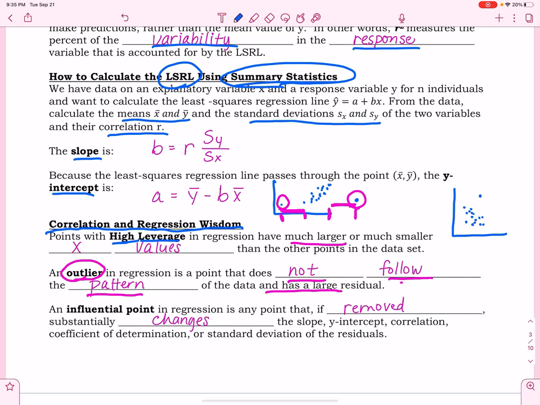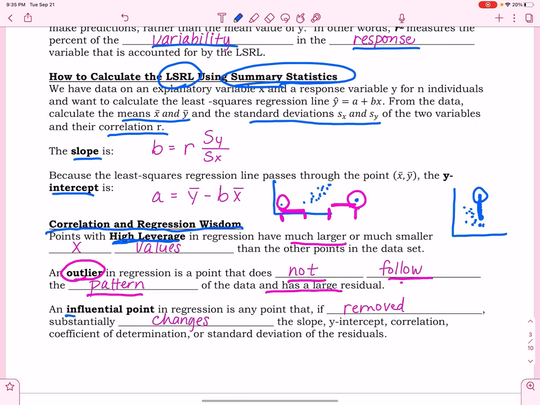So something like this might be an outlier, okay? So notice that it's still in line this way with these x values down here, so it does not have high leverage, okay? But it does have a high residual because there's a lot of space here between it and the other points, but it lies outside of the pattern of the other points. So this right here would be considered an outlier.